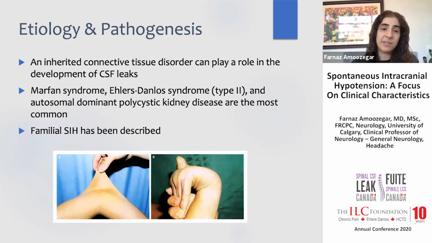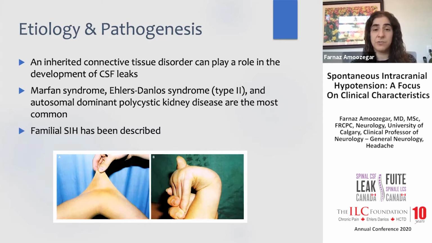As we talked about, connective tissue disorders are very important as well. In particular, inherited connective tissue disorders can play a role in the development of CSF leaks, and it's really because the dura itself is a connective tissue as well. So we can think of that as part of the spectrum of different types of tissues that can get affected in connective tissue conditions.